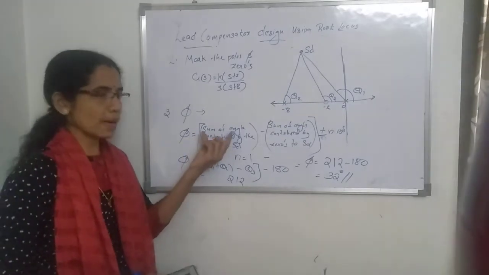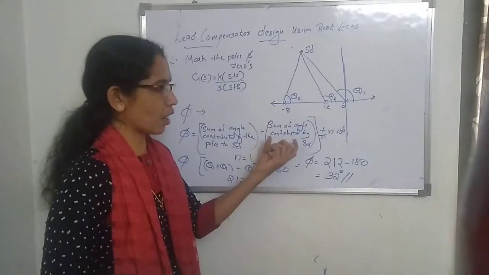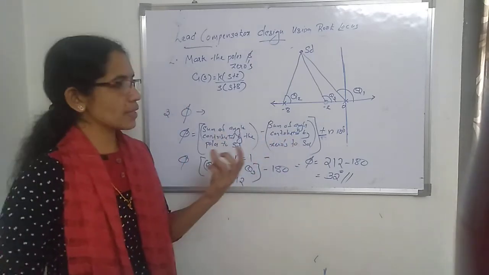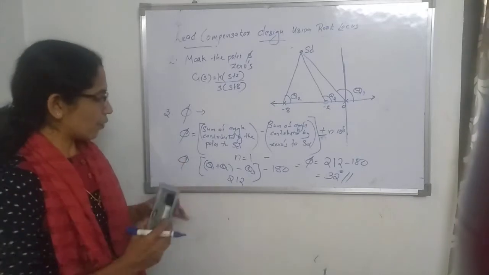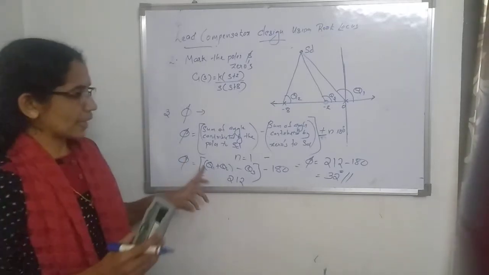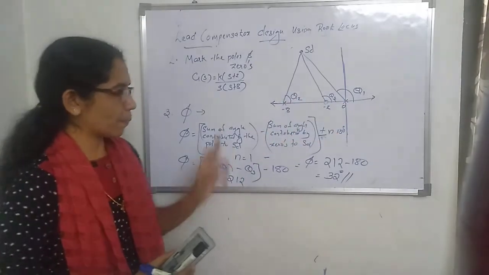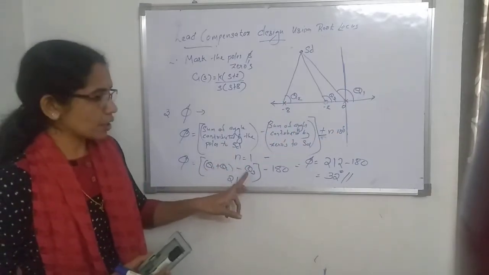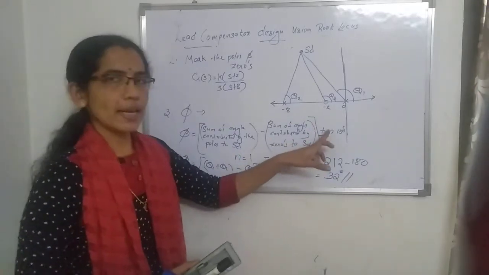We need to find the sum of angles contributed by poles to SD minus the sum of angles contributed by zeros to SD, plus or minus n into 180. Therefore, phi is equal to theta 1 plus theta 2 minus theta 3 minus 180. The general equation is plus or minus n into 180.